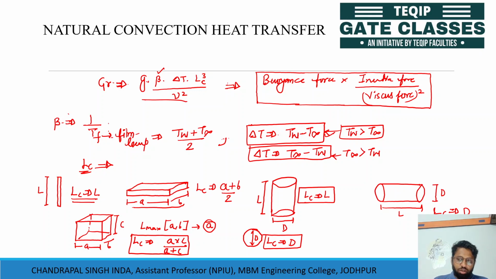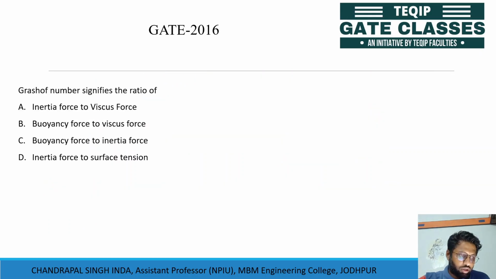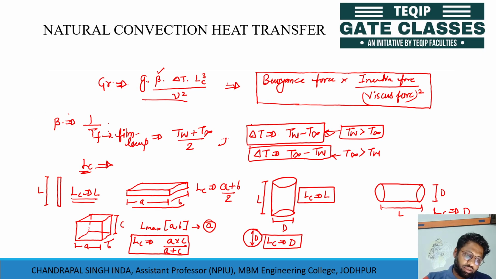So let's have one question that was asked in GATE 2016: the Grashof number signifies the ratio of. As we have, it is a product of buoyancy force into inertia force divided by the square of viscous force.